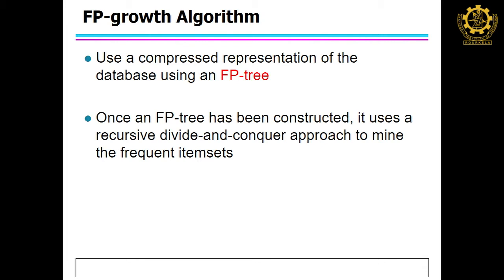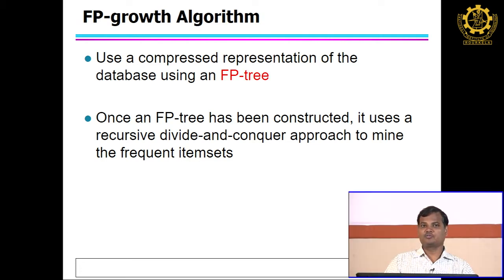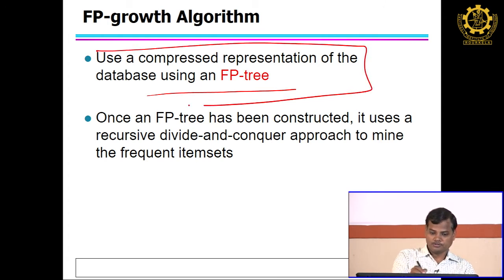Before the association rules we will find the frequent item sets, because finding association rules is much easier once you find the frequent item sets, or if we find the closed item sets or maximal item sets, we can find the rules. So, today we will focus on how to represent the database in a compressed way. That is called the FP tree, the frequent pattern tree. This portion we will focus on today.